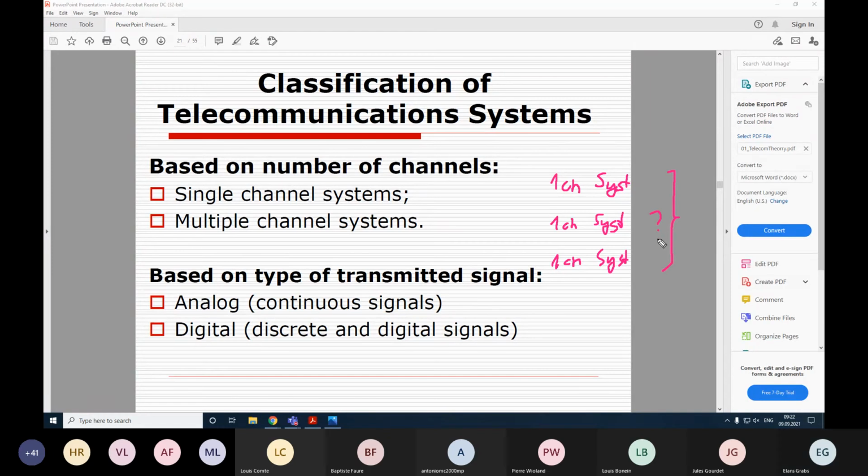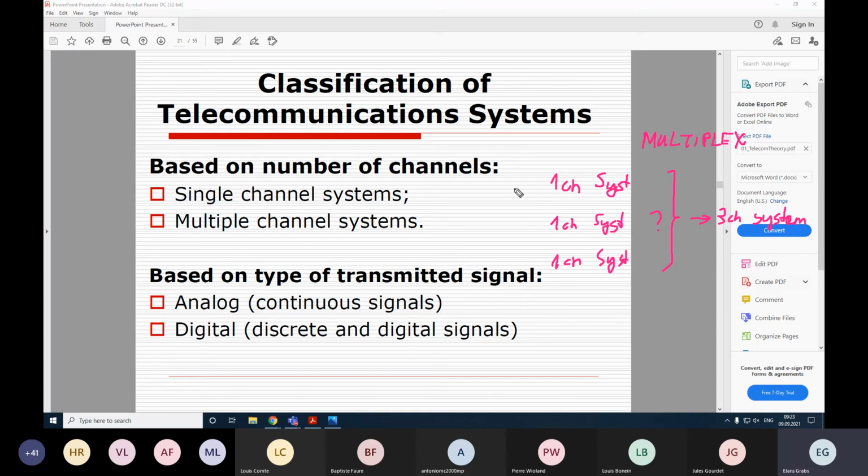So we need some mechanism to merge multiple one-channel systems into one, for example, in this case, a three-channel system. And this is called multiplexing.